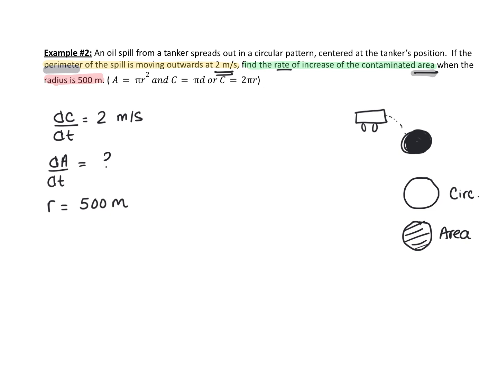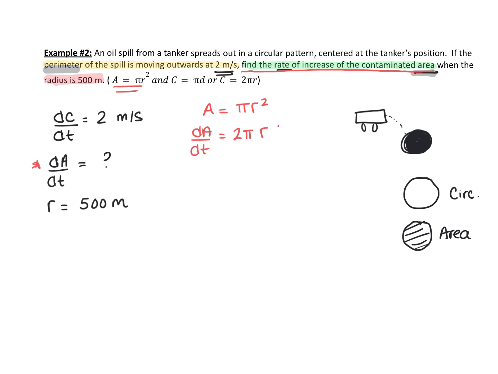The thing that I'm going to start with is the fact that they ask us to find the rate of the increase of the contaminated area. So I'm going to start with my area formula for a circle. Area equals pi r squared. So I need to find dA/dt, so let's take the derivative of both sides. dA/dt equals the derivative of pi r squared: take the 2, bring it in front, leave the pi, r, decrease the power by 1, so 2 minus 1 is 1.